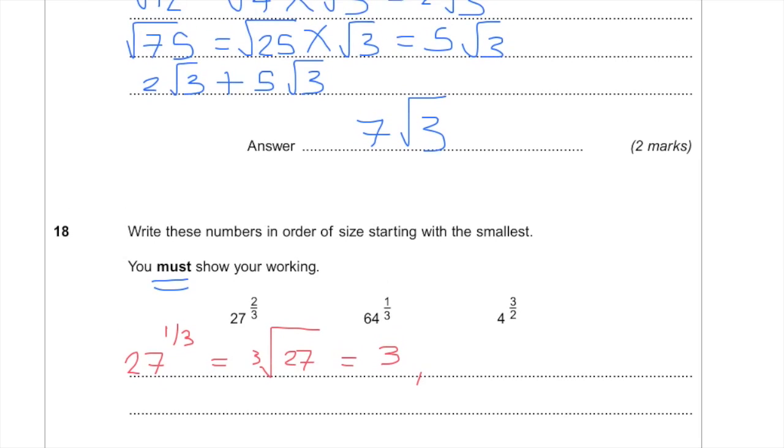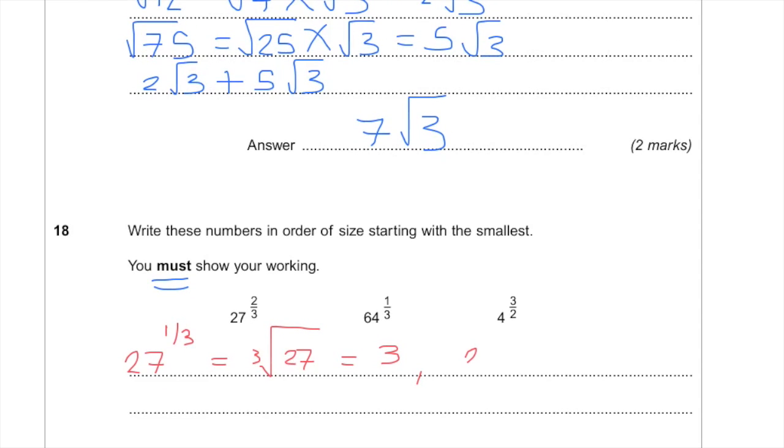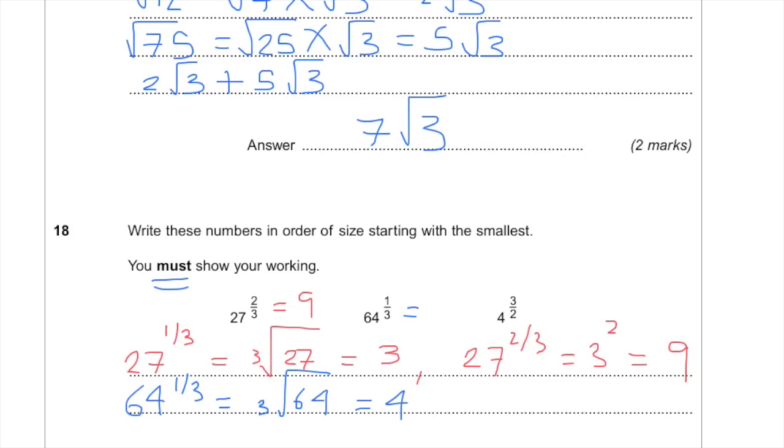Then 27 to the power of 2 thirds is very simply 3 squared, which is 9. So the answer to the first part is 9. Then 64 to the power of 1 third is very simply the cube root of 64, which is equal to 4. So 64 to the power of a third is 4.